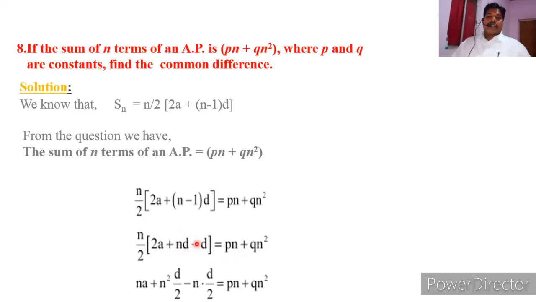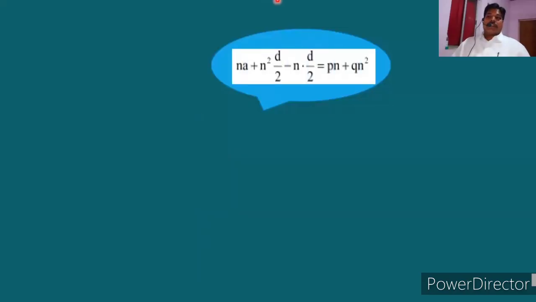After simplification, see the next step. We have na plus n square into d by 2 minus n into d by 2, equal to Pn plus Qn square. Observe this equation, the previous step; from this I am going to write the next step. Here there are na and minus n into d by 2. You can take n common here.